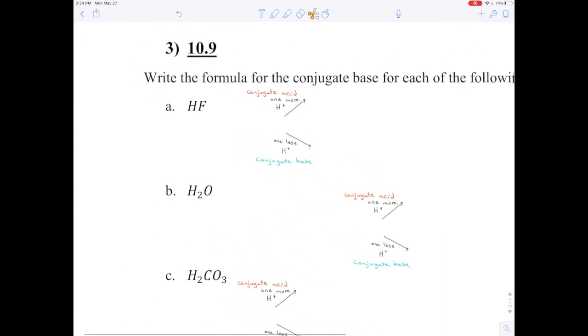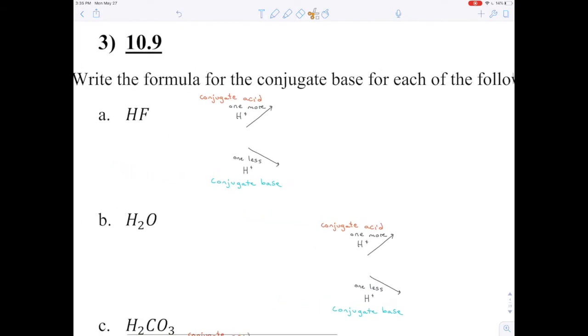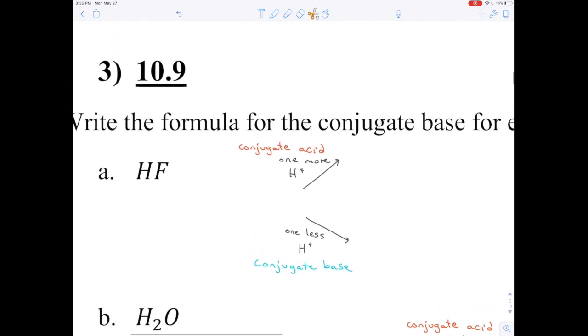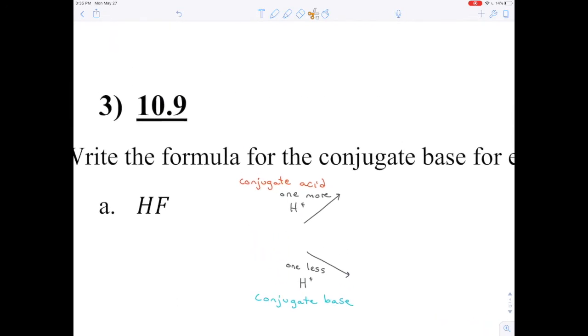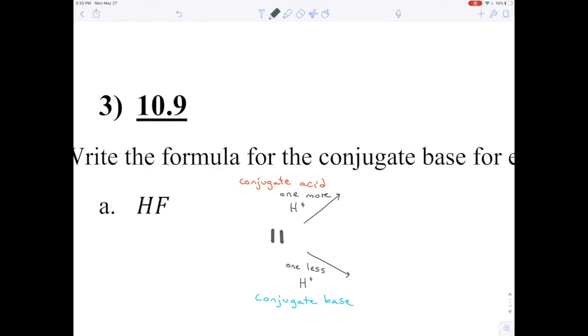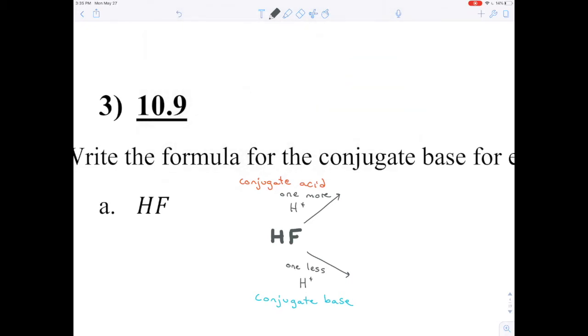Okay, so the first one, we want to draw the conjugate base. I'm going to draw both the conjugate acid and the conjugate base for each of these. So let's start with HF. To draw the conjugate acid, you would want to add an H and add a plus. So HF starts with only one H. If you add an H, it would then have 2.